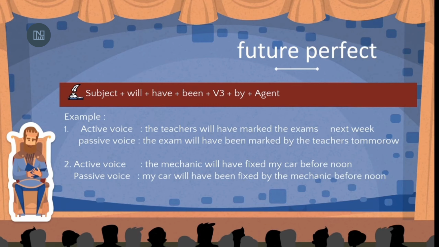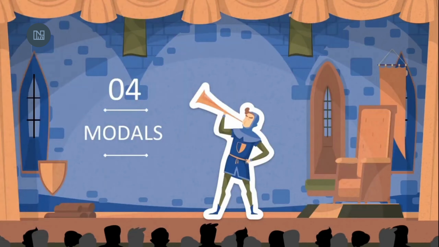The exam as a subject, will have been as a pattern, verb 3 that is marked, by plus agent that is the teacher. Tomorrow is an adverbial of time that is actually optional. Okay, now let's say the formula once again. Subject plus will have been plus verb 3 plus by plus agent.